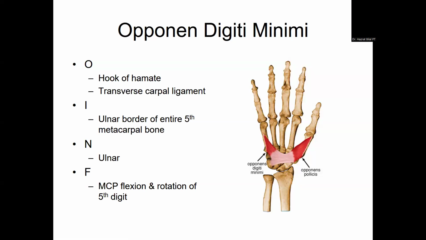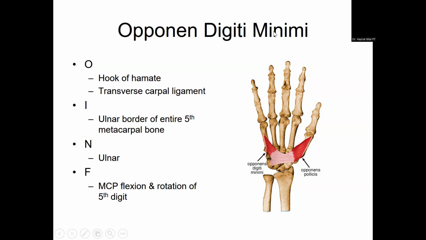It is a small muscle that originates from the hook of the hamate. We know that the hamate is the most medial as well as the most distal bone of the wrist. This is the fourth member of the distal row on the medial side.